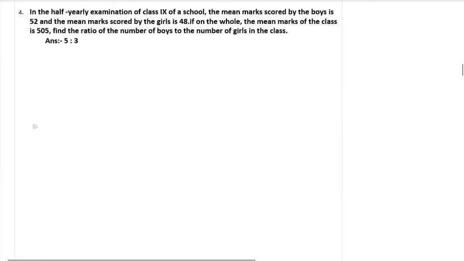Okay, fourth question. In a half-yearly examination of class 9th of a school, the mean marks scored by the boys is 52 and the mean marks scored by the girls is 48. Let me just write this down.